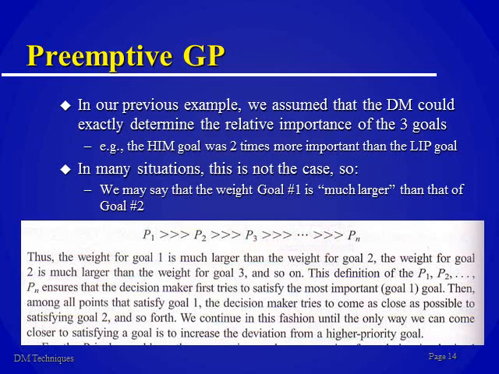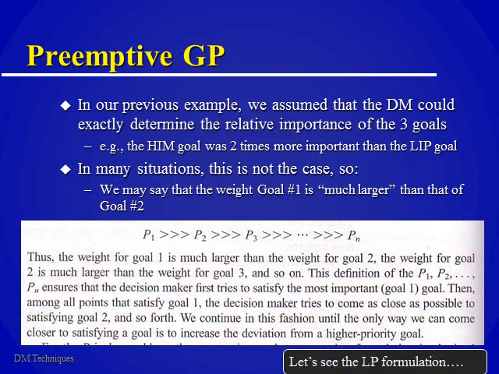It's a pretty logical process. We make sure that we satisfy goal number 1 as much as we can, and then, if possible, we try to satisfy goal number 2 as much as we can, and so forth. It makes sense. The term to describe this is preemptive goal programming. Nothing really fancy in here except just the name.